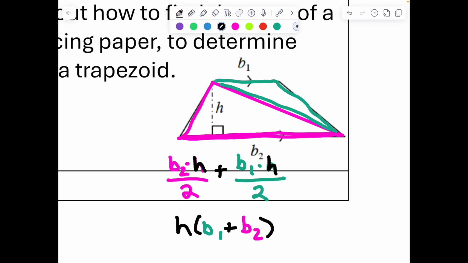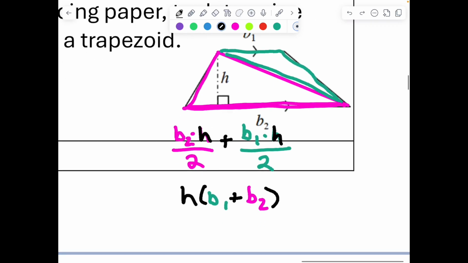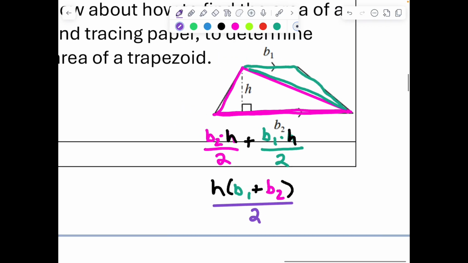Because they were both multiplied by the height, all I'm doing is making that a distribution problem where you'd still multiply both of them by the height. And they're both divided by 2, so I'm just going to divide this entire phrase by 2.